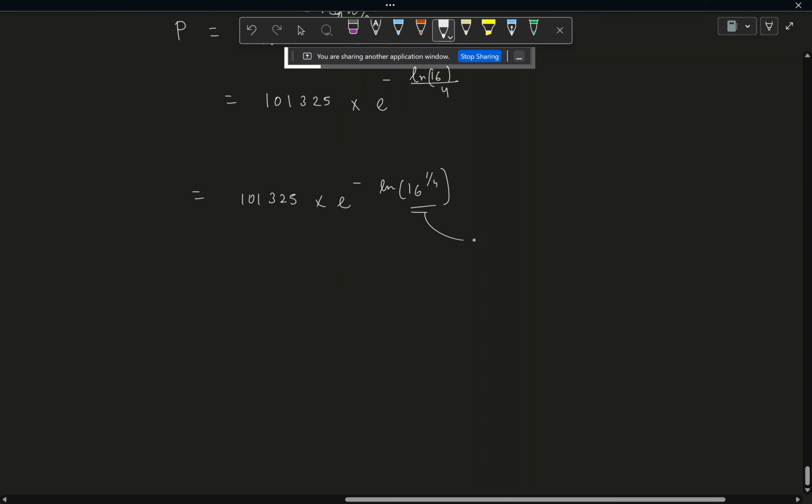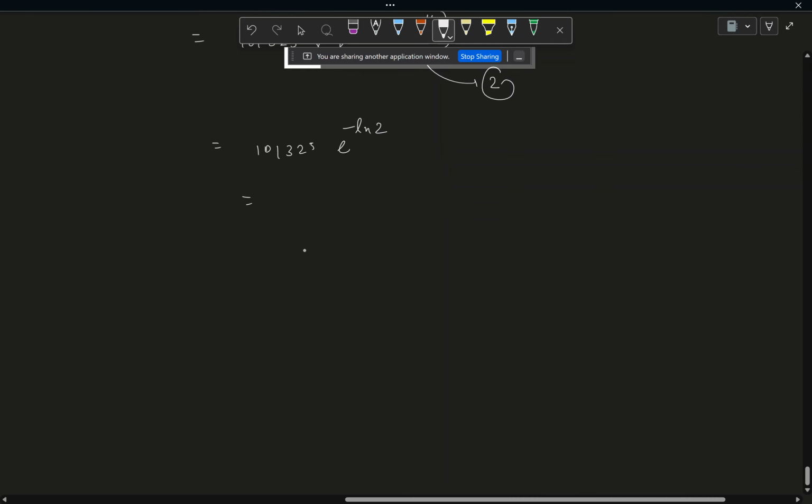So 16 to the power 1/4 is 2. So you have 101,325 e to the power of minus ln 2. So e and ln will compensate each other, so you have 101,325 into half, because there is a minus sign.